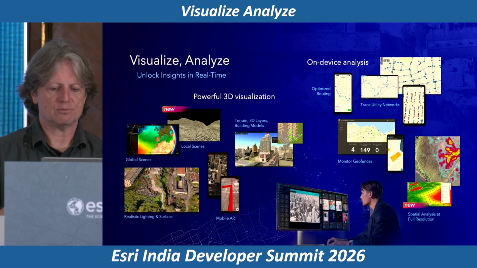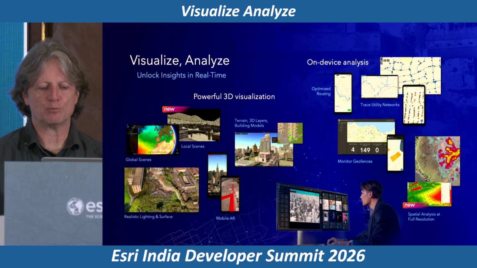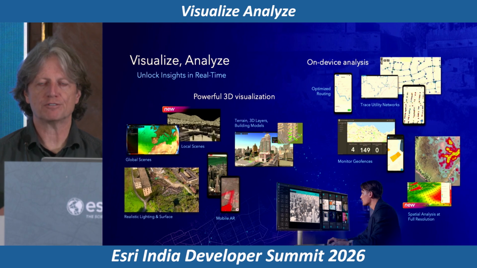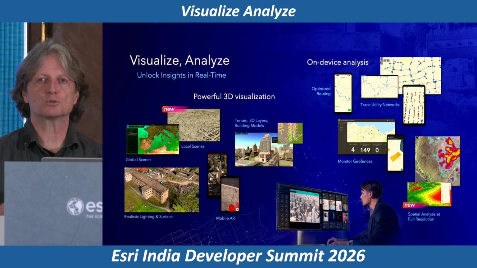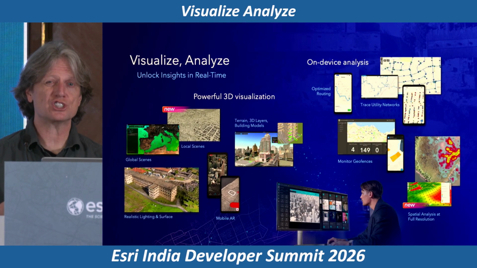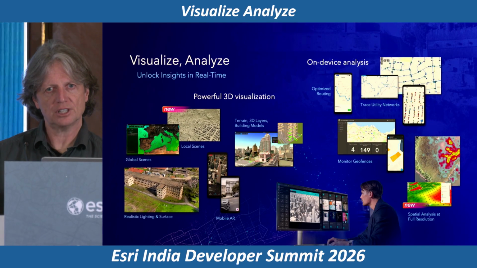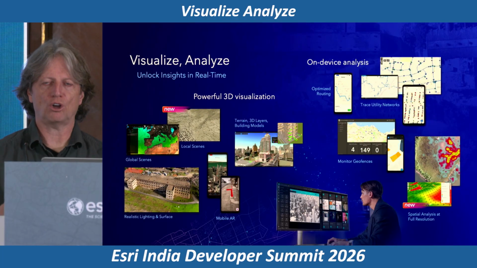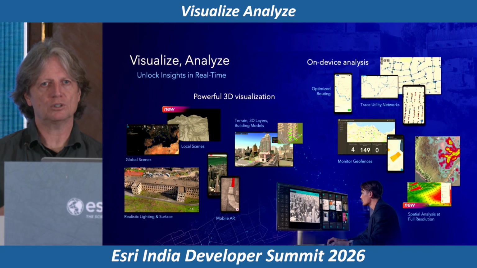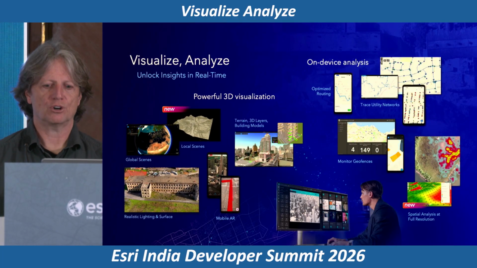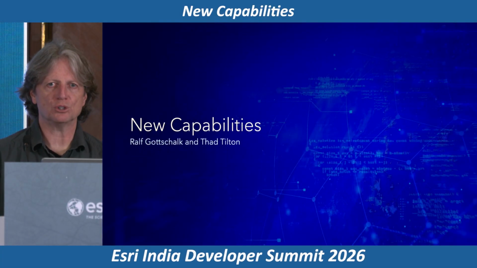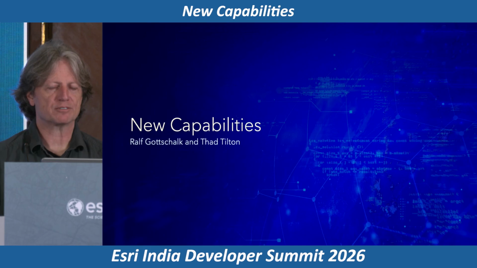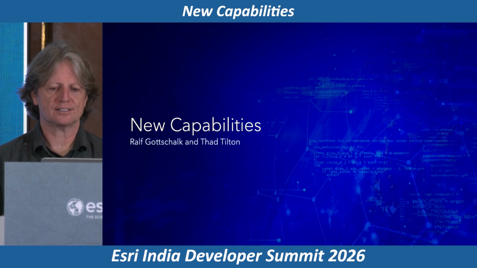And the team just released last month a brand new analysis engine that we refer to as the high performance analysis engine, and that's going to allow you to do spatial analysis operations which traditionally had to be done on the server. You can now do them all on the device, whether it's your mobile phone, your tablet, or your desktop. So to show us both the new 3D local scene and the high performance analysis engine, I'm going to pass it over to Ralph and Thad in this video here.